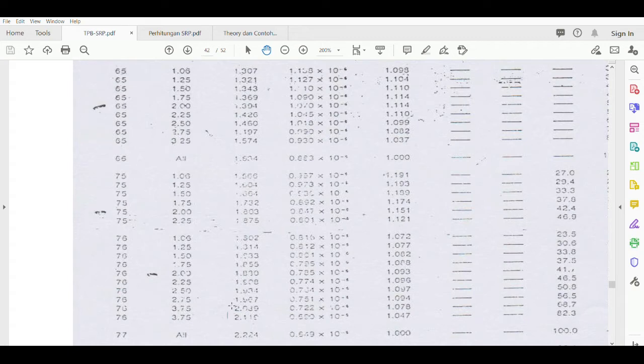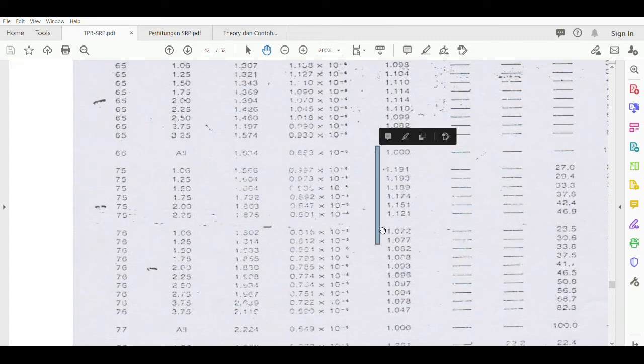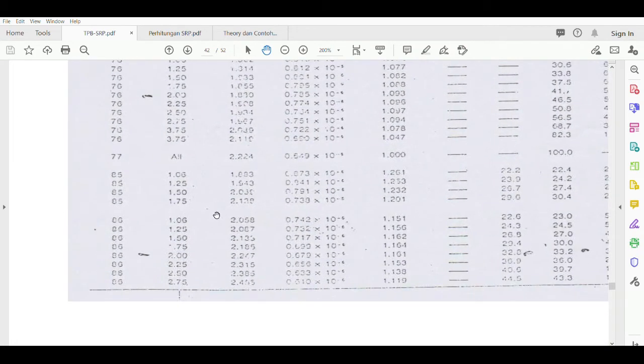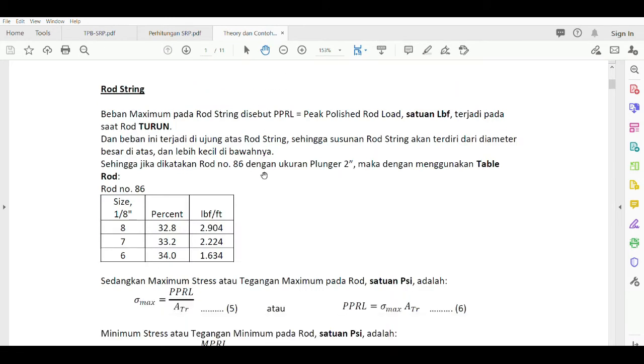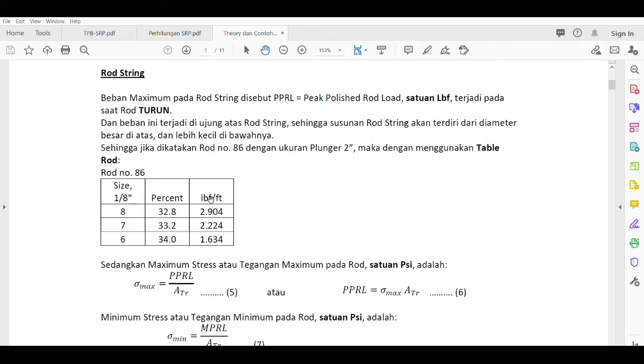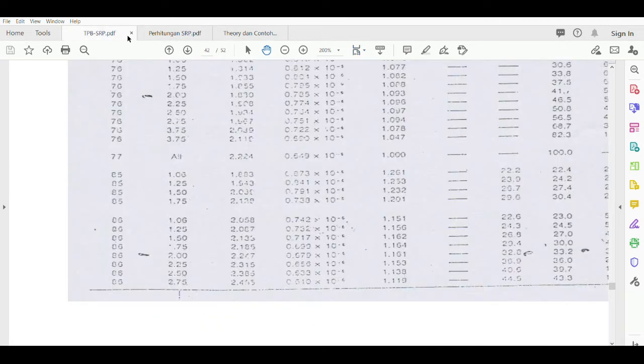Or 86 means 8 and 6, and so on. I will give you more detail on this one. We will have this percentage in pound force. So let's go there to get more detail on this one.